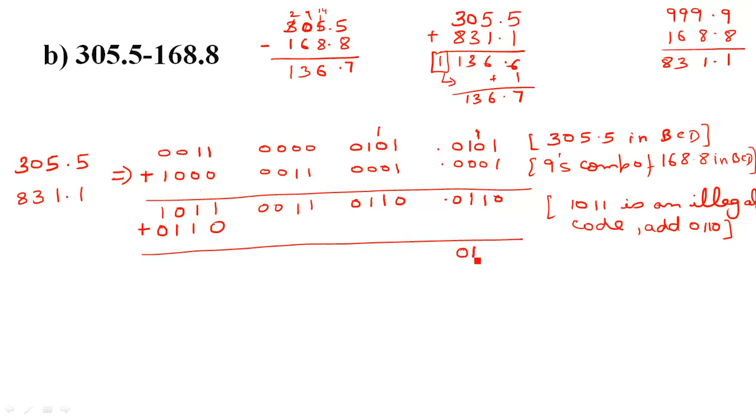So 0110 0110 0011. Here 1 plus 1 will be 0, carry 1, 1 plus 1 will be 0, carry 1, 1 plus 1 will be 0 and carry. We are going to do end around carry.